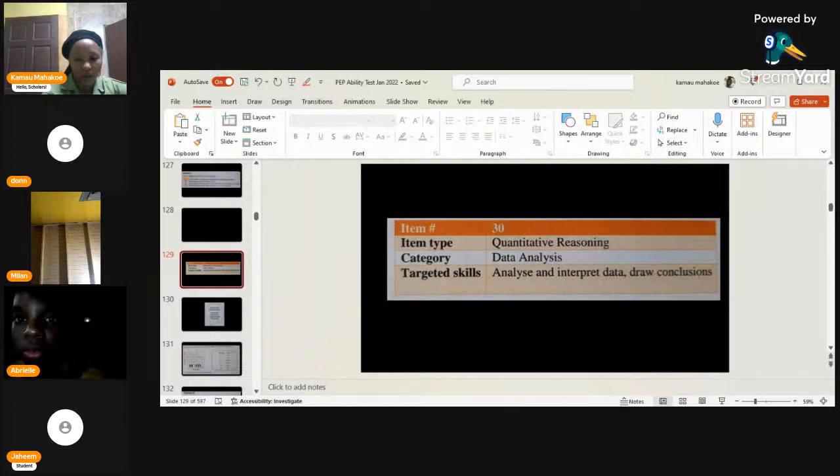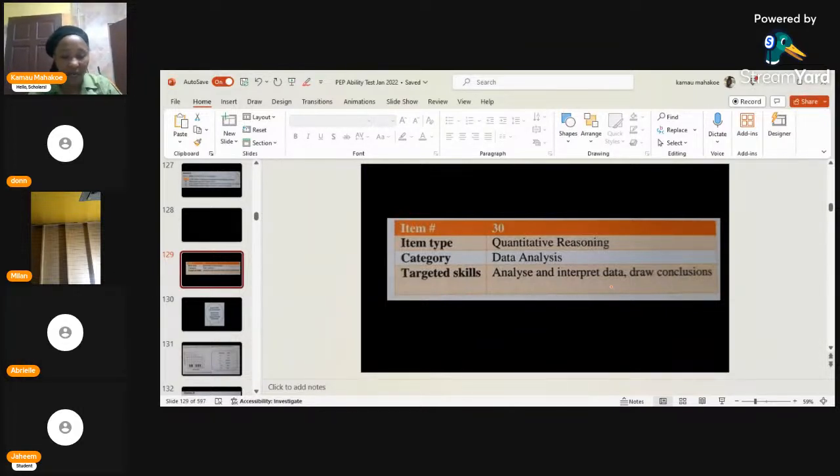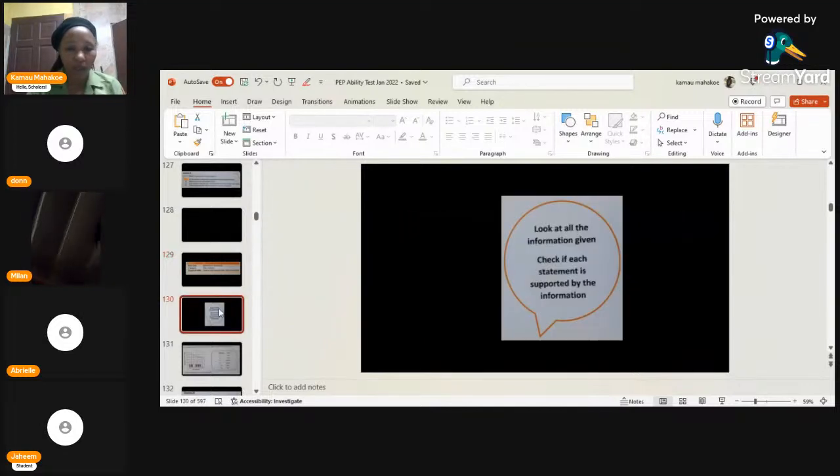I think most of the questions this evening will be from the verbal reasoning, but we still have a couple of the quantitative reasoning questions left. So we're going to finish up those ones and then go into the verbal reasoning. So we're still being tested on our ability to analyze and interpret data and to draw conclusions. So we are to look at all the information given, and we are to check if each statement is supported by the information.